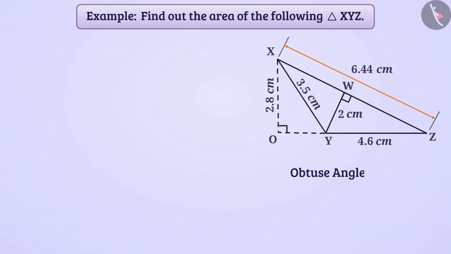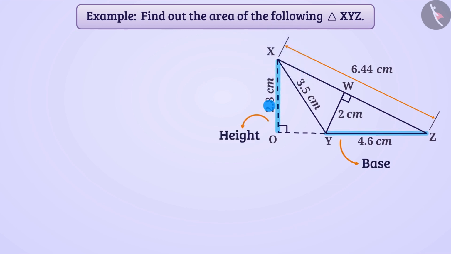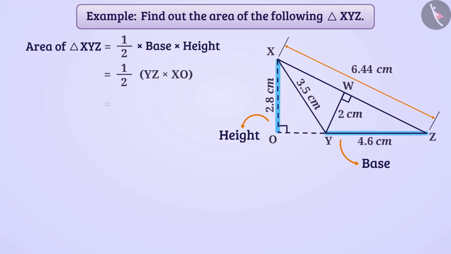In this obtuse angle triangle XYZ, the line segment XO is perpendicular on the opposite side YZ of the vertex X. If we consider YZ as the base of the triangle and XO as the height, where XO is equal to 2.8 cm and YZ is equal to 4.6 cm, so the area of triangle XYZ will be equal to half multiplied by base multiplied by height, which is half YZ multiplied by XO, that is half 4.6 cm multiplied by 2.8 cm.